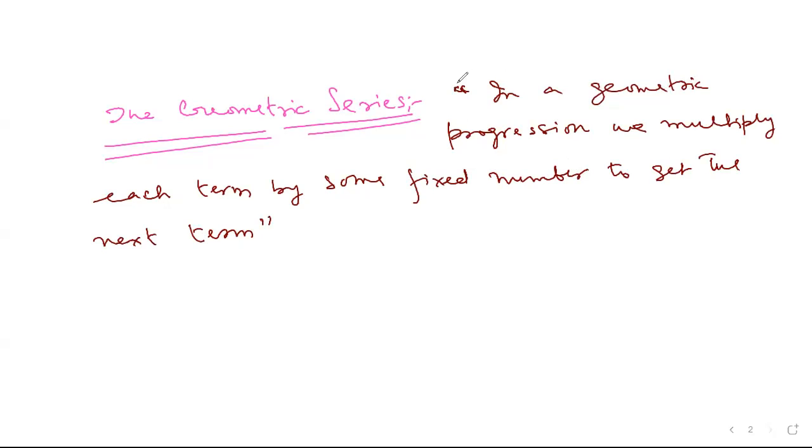I repeat, in a geometric progression, we multiply each term by some fixed number to get the next term.